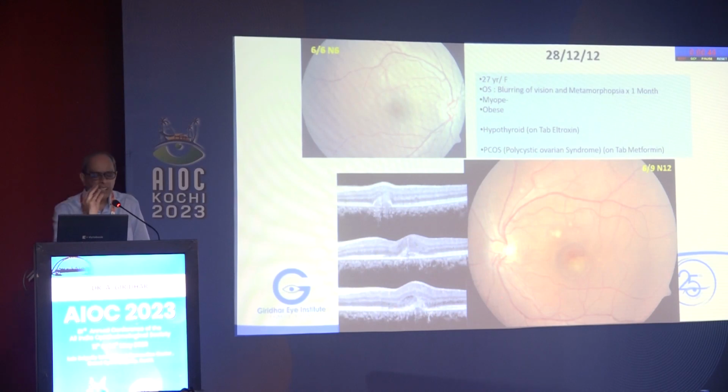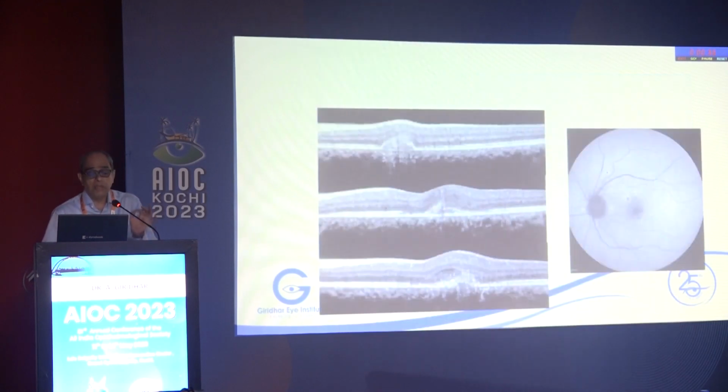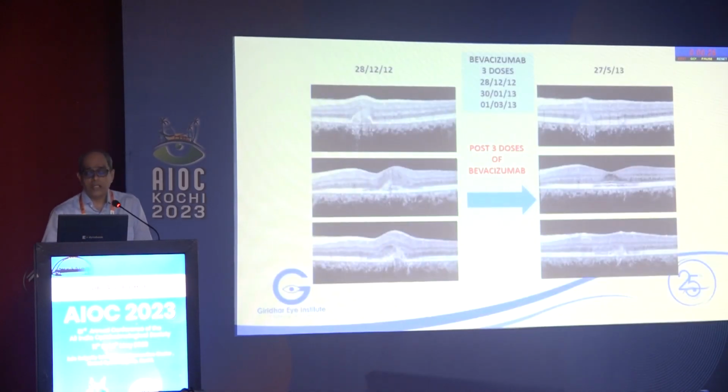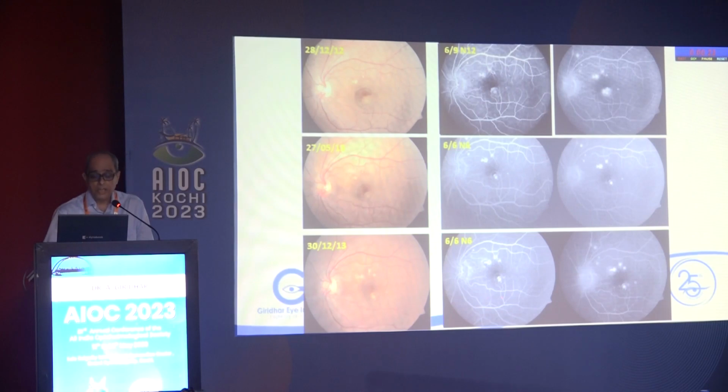So in an inflammatory macular disease, coexistent neovascularization can come, and that can be diagnosed with multimodal imaging. Okay, so we do the fluorescein angiography. You can see that area where there was a little bit of hyperreflectivity, there is minimal leakage. You can see the leakage, and therefore this patient was treated with anti-VEGF injections.